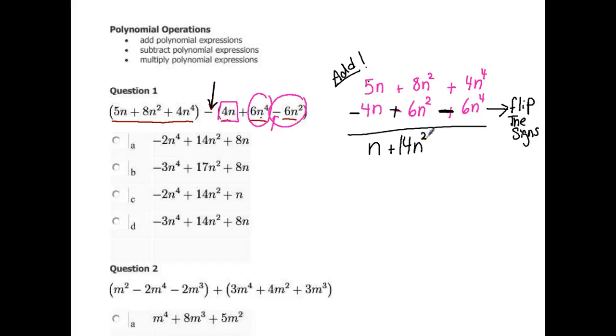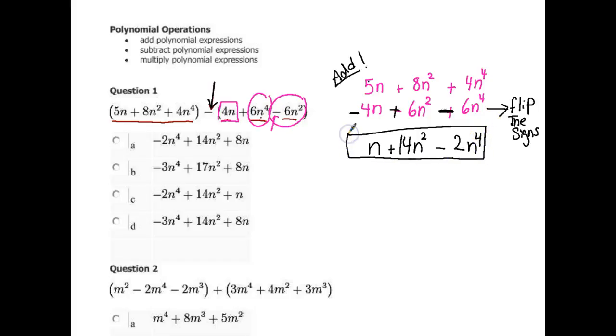Now, 4n to the 4th minus 6n to the 4th. It's like saying 4 apples minus 6 apples. I'm 2 apples short. Okay, that should be your answer.